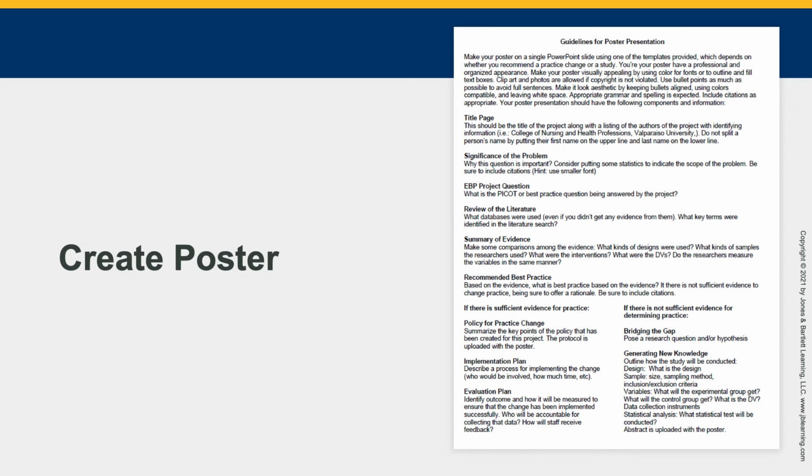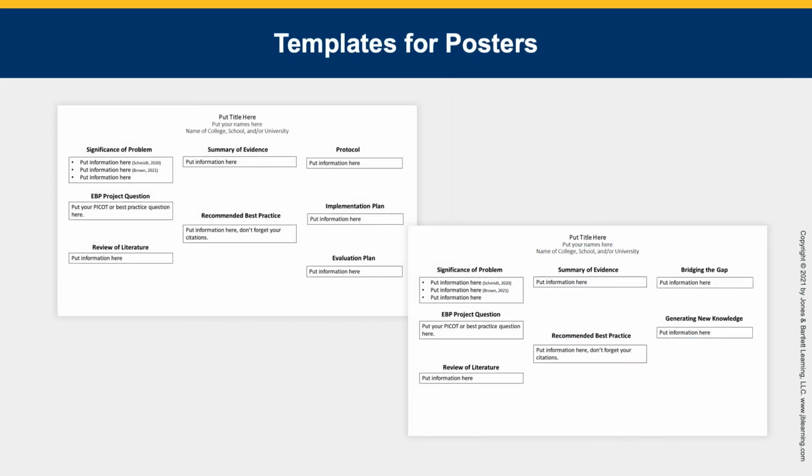But when COVID came, there was no more public presentations or face-to-face. And so I had to move to electronic. And so the first posters that I did electronically, they were really challenged. So the next semester, I made templates for the posters, and the posters were so much better.